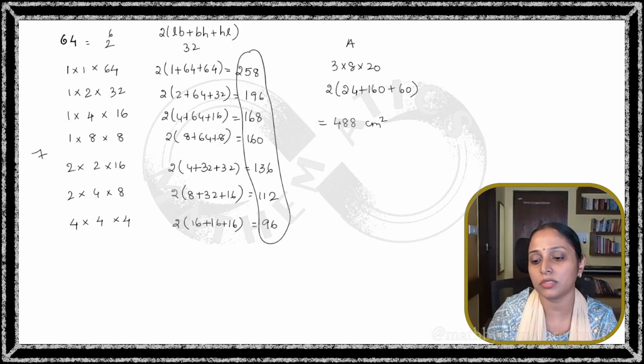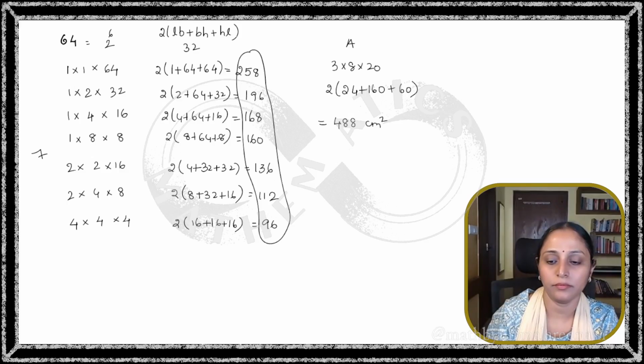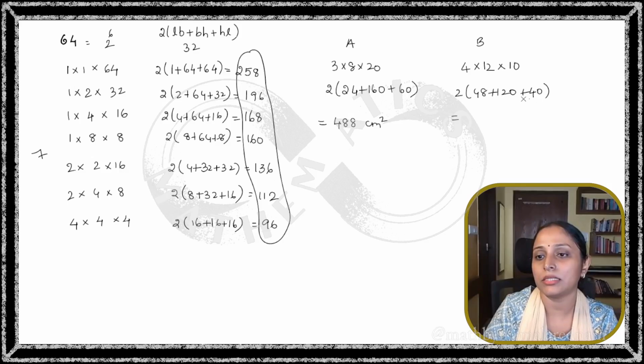For the box B, the dimensions are 4 by 12 by 10. So the surface area is 2 times of 48 plus 120 plus 40, which is nothing but 2 times 208.